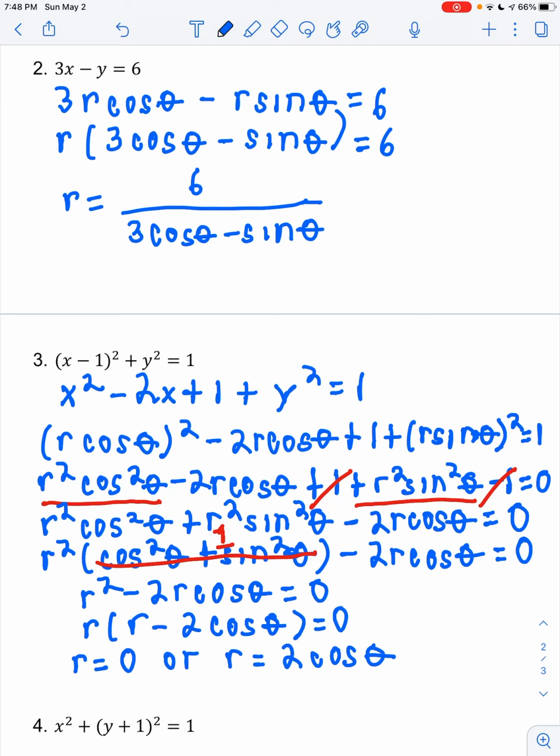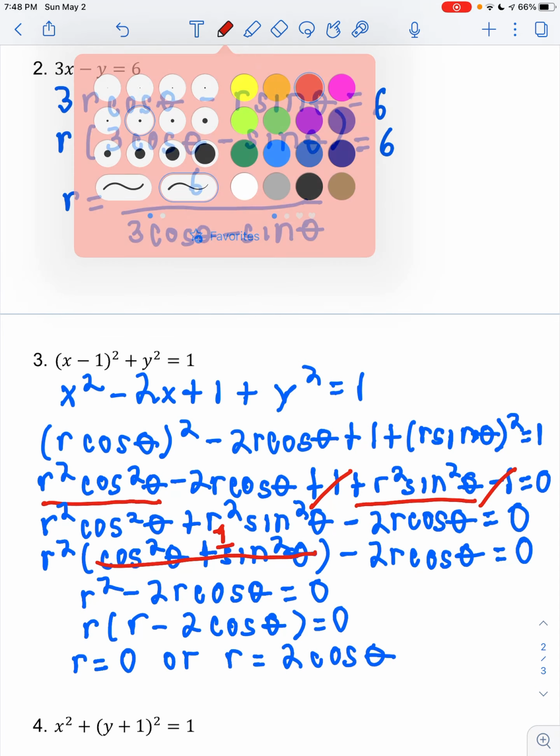So the thing about r equals 0 is that r equals 0 is really a single point, which is the pole. So when r equals 0, you could say theta equals pi over 2, and it's really unnecessary to have that if we have the other equation, r equals 2 cosine theta, because at pi over 2, the cosine would be 0, the x-coordinate, and 2 times 0 is 0.